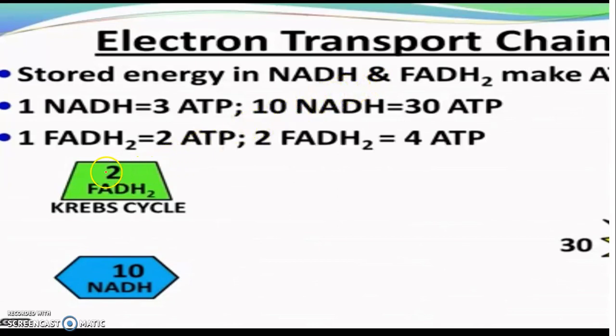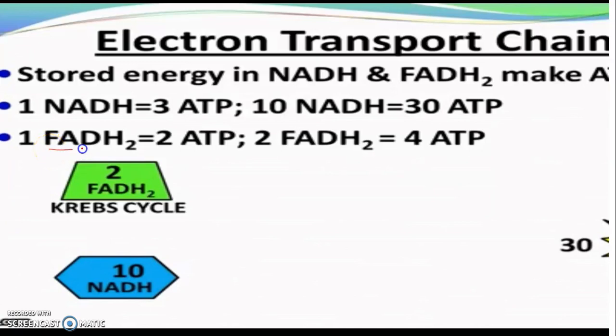Let's look at the FADH. In the previous slide, we came to know that 1 NADH produces 3 ATP and 10 NADH were collected during the process, so 30 ATP was produced. We also have, you remember, the shopping carts which are going to be converted into ATP.